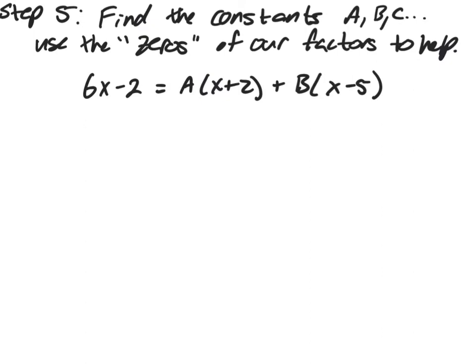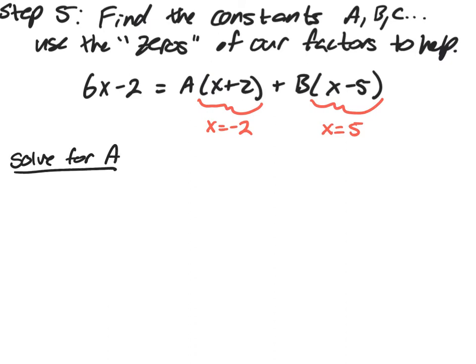So if we look at our two factors here, x plus 2 and x minus 5, this first factor, x plus 2, is going to become 0 when x equals negative 2. And this second factor, x minus 5, is going to be 0 when x equals positive 5. So let's use that. Let's go ahead and solve first for a.